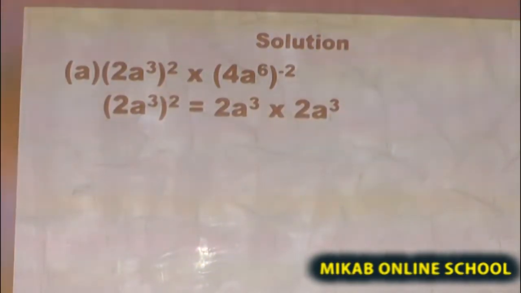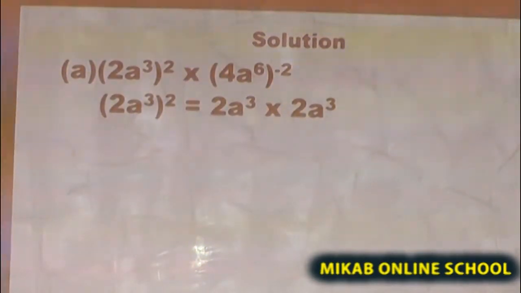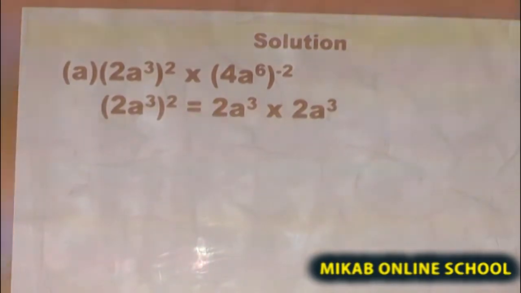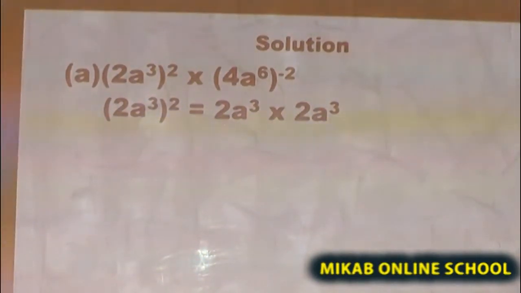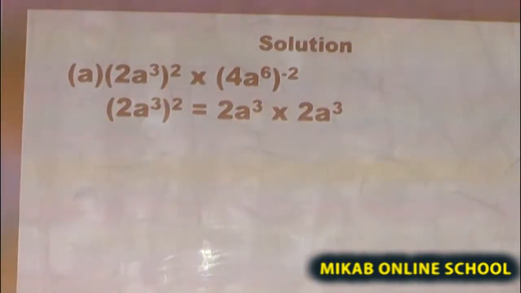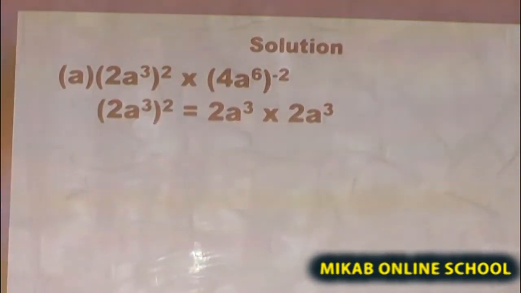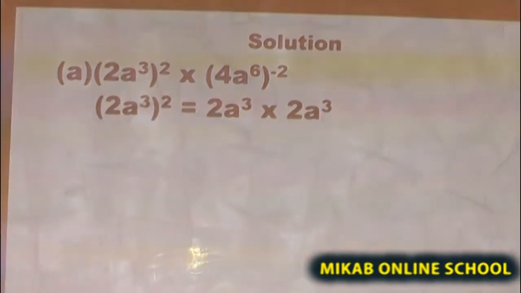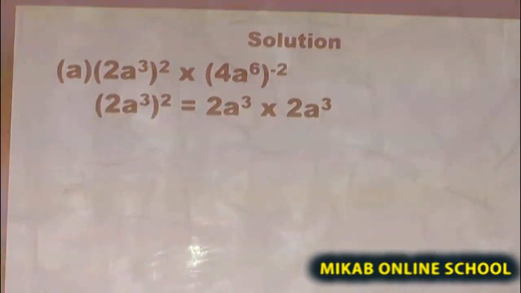And in our previous lesson, I told you that if you are given a mixture of numbers and alphabets, you are going to separate the two. And the first thing that should come to your mind is the connectivity between the number 2 and the a, and the connectivity is multiplication.